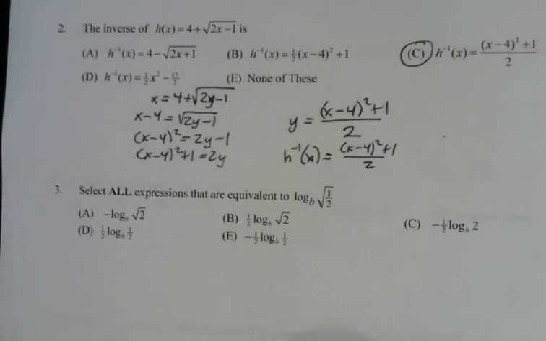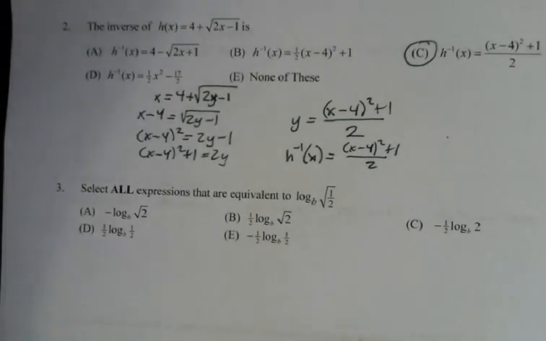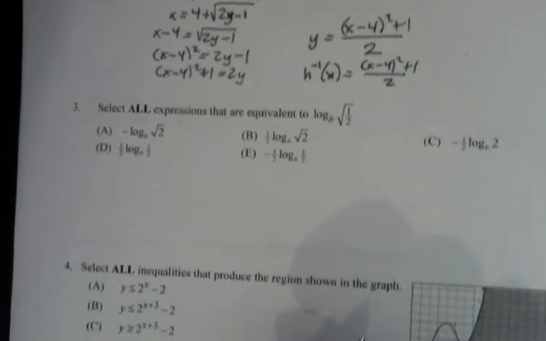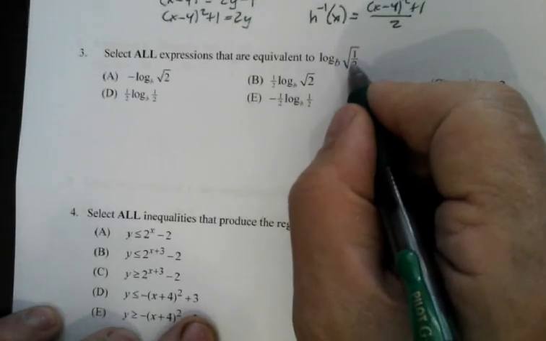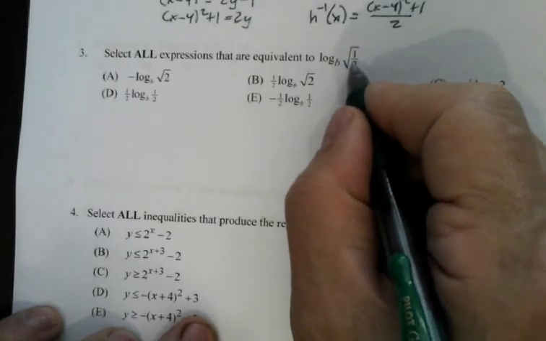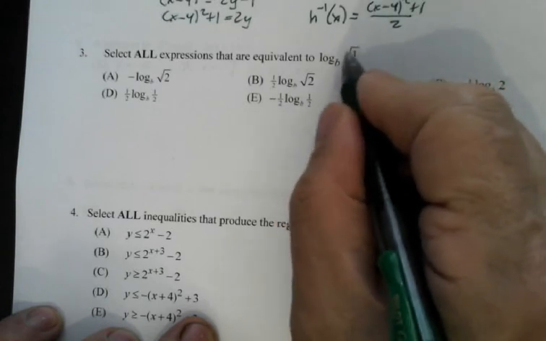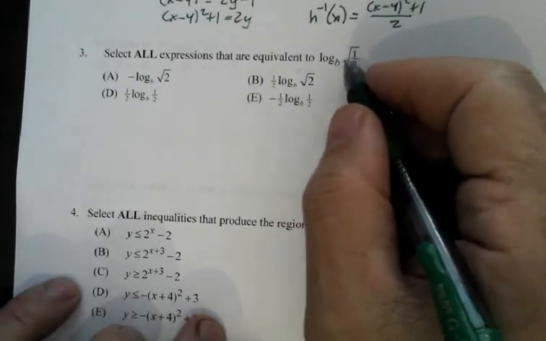Okay, this one takes a little more thinking because you got to think about how the different parts are going to go together. So we've got log base b of the square root of 1/2. We want to look at all the different possible forms. So when I see this one, a couple things I can do. I'm going to use my rules of exponents to try to rewrite this.